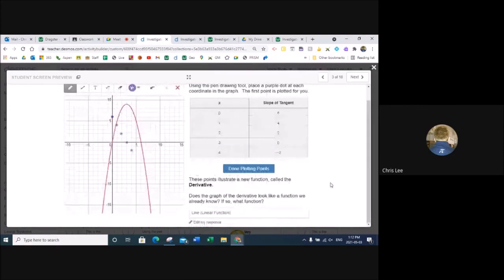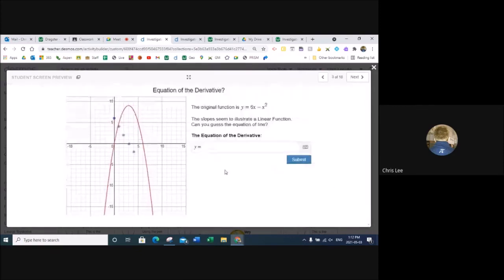So we seem to be getting that. And here then, what you can do is, if it is a line, we know how to come up with equations of lines. So I think we can come up with an equation that represents the derivative here. So this looks like a straight line. The slope is negative, and it seems to be going down by 2's. So I'm going to start with -2x.